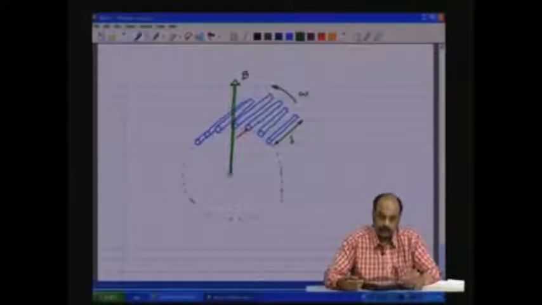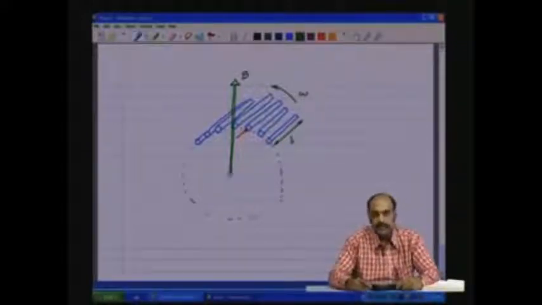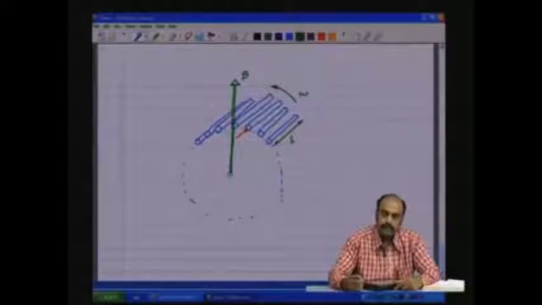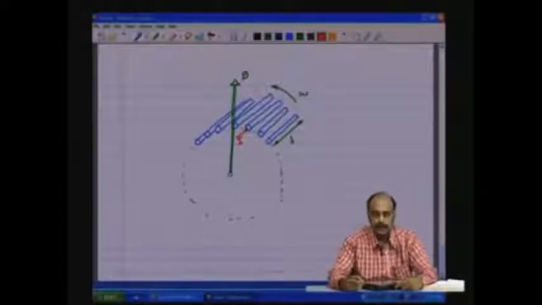So, if you recall the Lorentz force, we have the field B, then we have a current I which is flowing through the conductors.